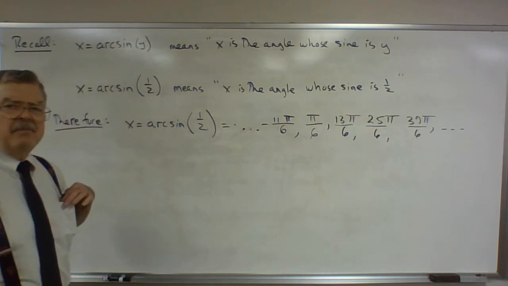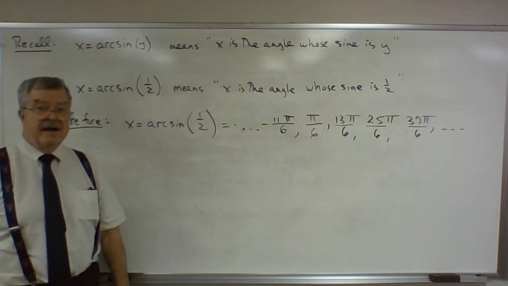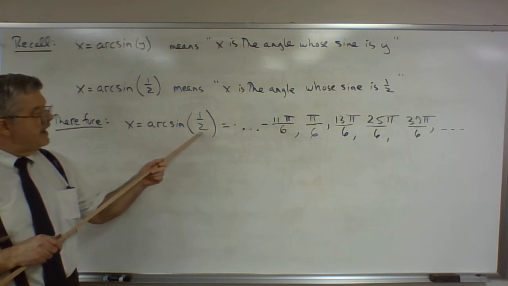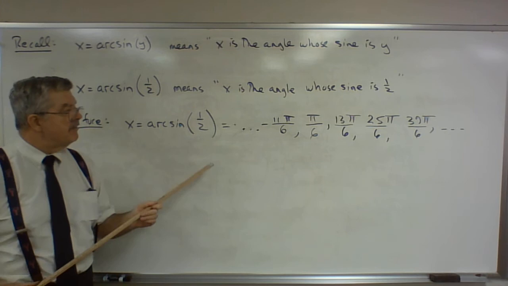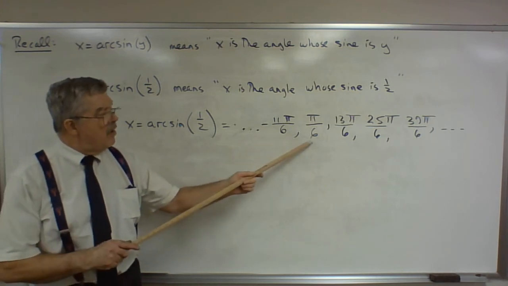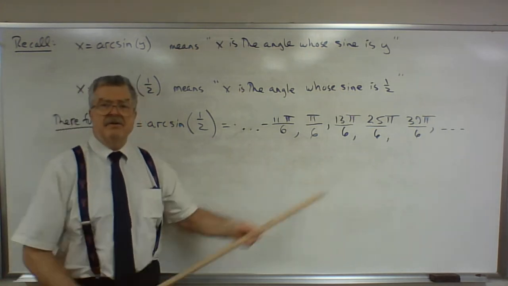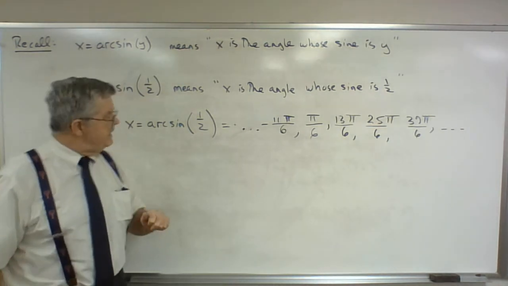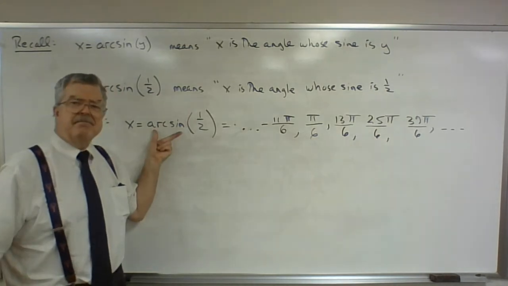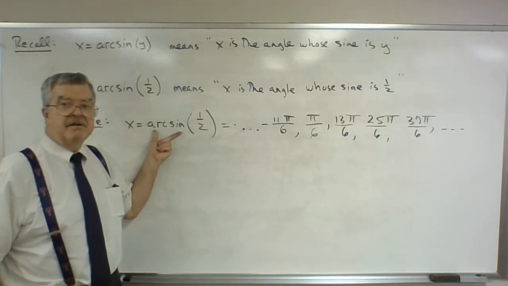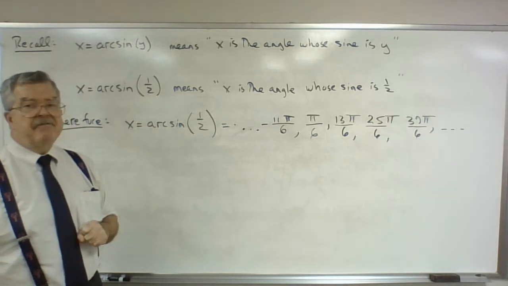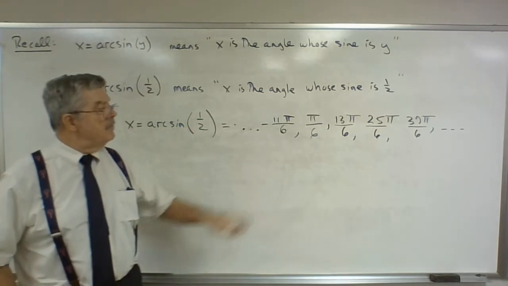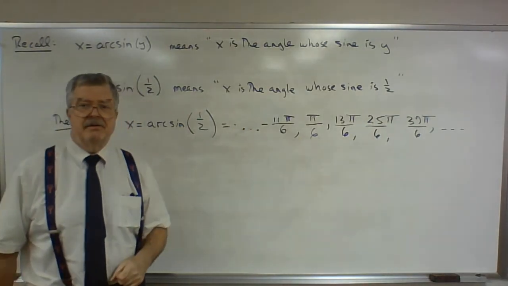Now, is that a problem? I think it is. We have arc sine of 1/2, or inverse sine of 1/2, being equal to all of these different values. But if that's the case, then arc sine can't be a function. Remember, when we have a function, we plug one value in and we get one value out.